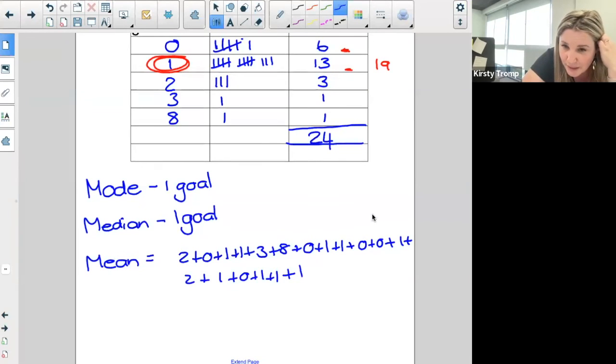Can't see the rest of my page. 1, 2, plus 1 plus 2 plus 1 plus 1.